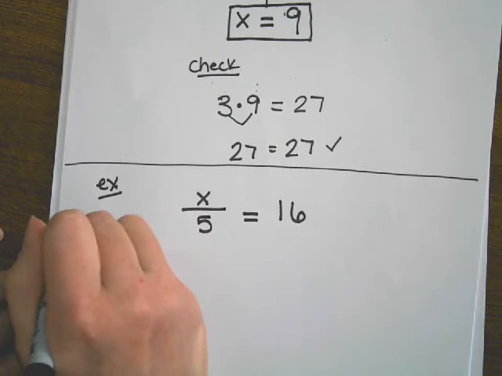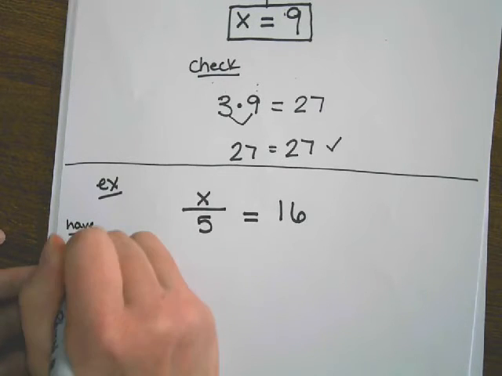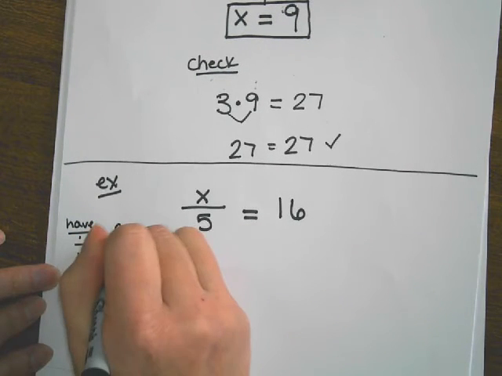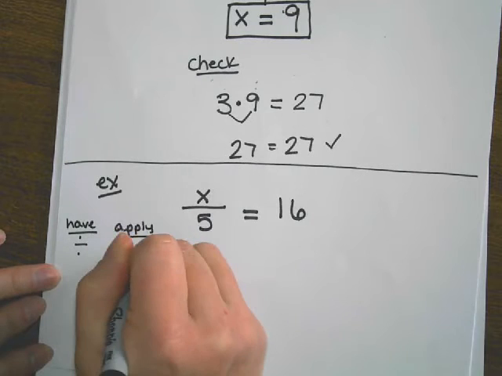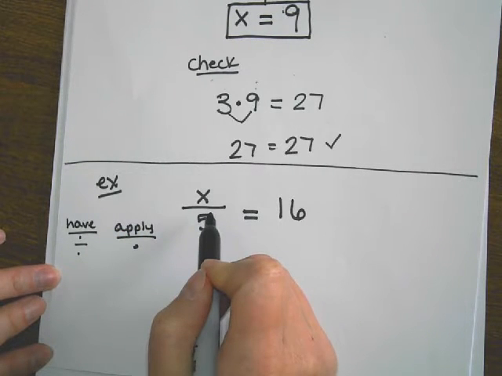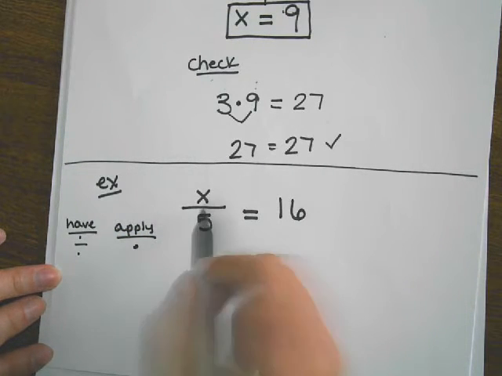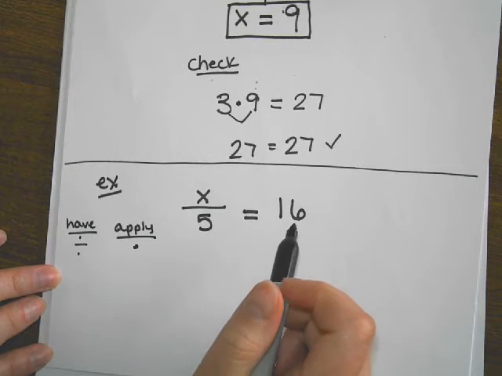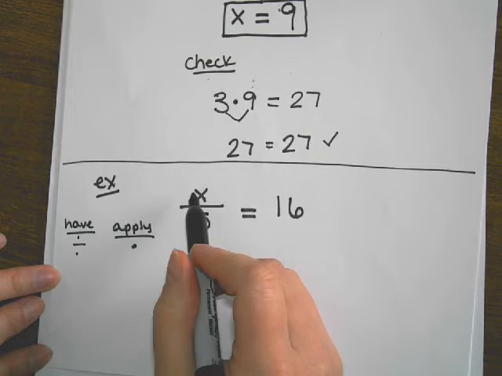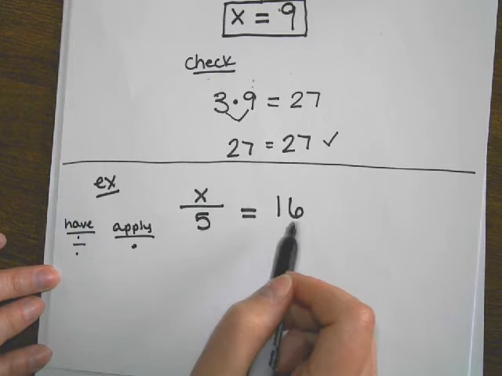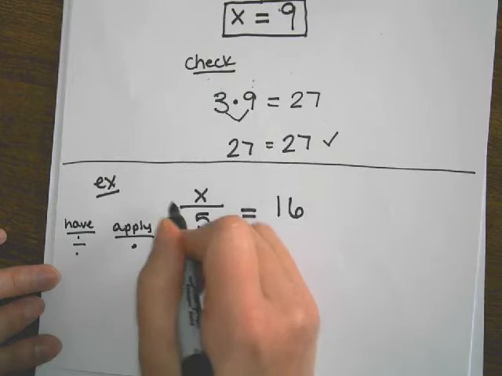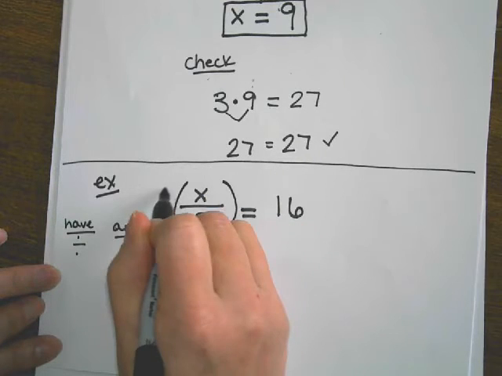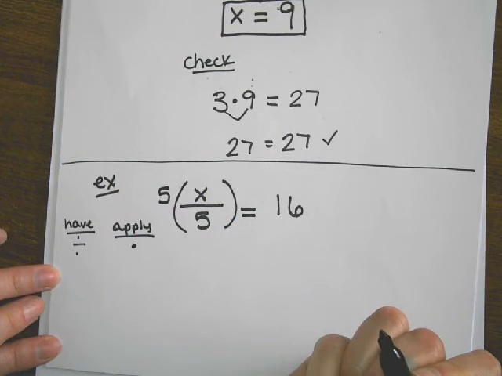All right, so I make my little chart and I say, well, I'm starting with division and I need to multiply. Now, a fraction bar means divide. So anytime you see a fraction, that means division. So x divided by 5 is equal to 16. The best way to look at that is you say, okay, some number split into 5 is equal to 16. So what I want to do is I want to multiply by 5 over here.